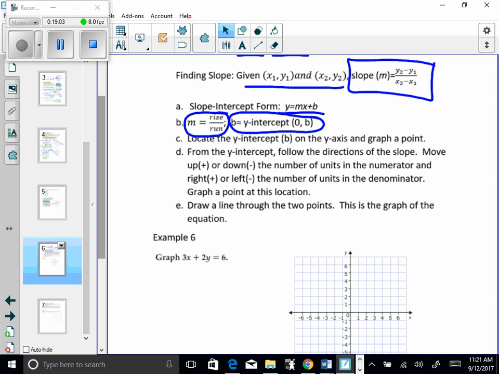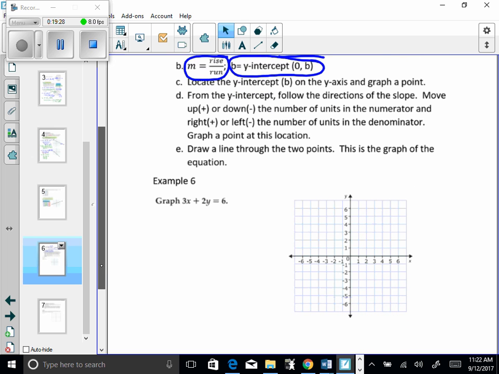And right or left the number of units in the denominator. So right if it's positive, left if it's negative. That's going to give you a second point that you're going to put on the graph.